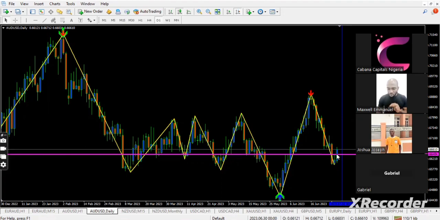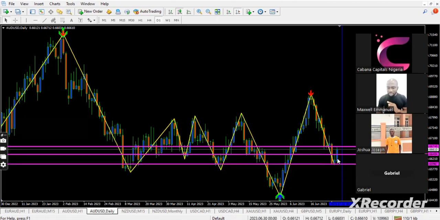But also on this daily time frame, another thing you should consider is this previous support zone resistance. The market tested that resistance and there was a rejection from that level. So there's a probability of price breaking this resistance and going up, or breaking the support. So these are the entry levels. At the moment, Australian dollar USD is bullish.